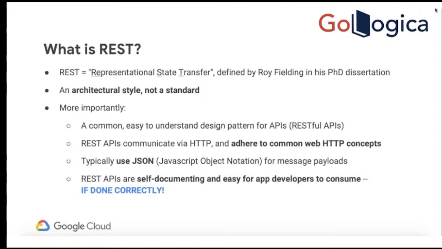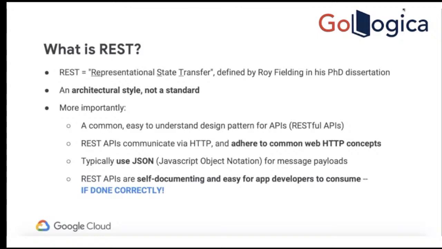REST uses plain HTTP protocol. REST uses standard HTTP. It is not a standard in itself. In REST, you use the HTTP protocol to define your URL, method, resource paths and query parameters. You use standard HTTP protocol to define how you are going to access a resource.